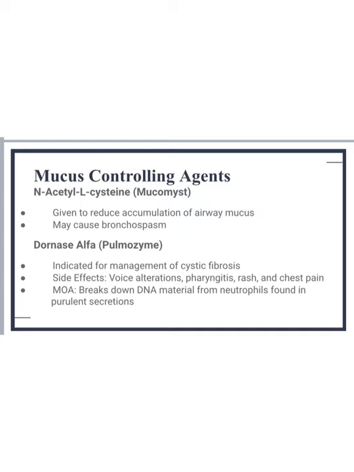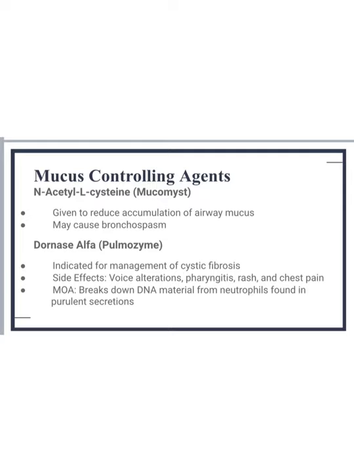So it's typically given to reduce the accumulation of airway mucus. There's no study saying Mucomyst works. But until they stop prescribing it and using it for airway clearance, we need to educate you on it. A side effect is it may cause bronchospasm.